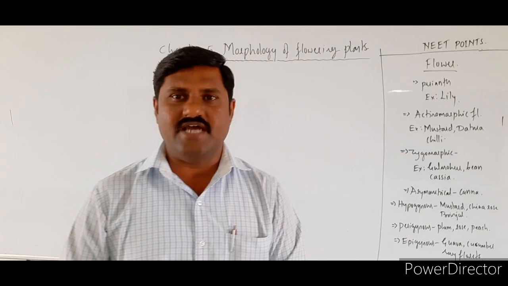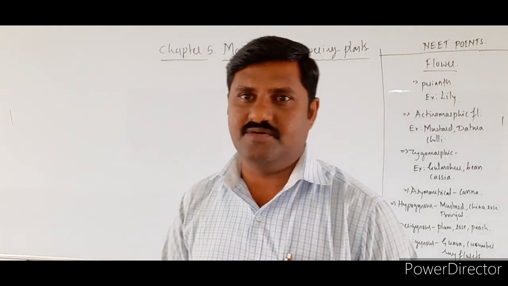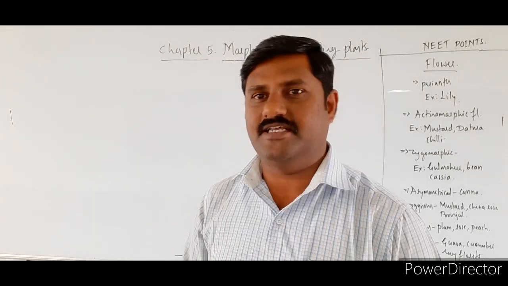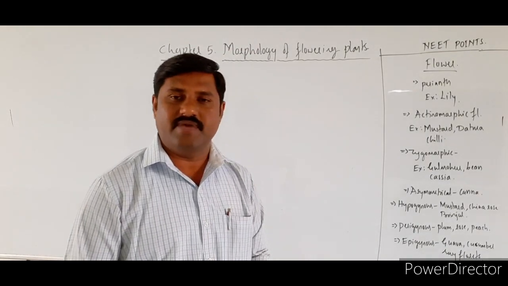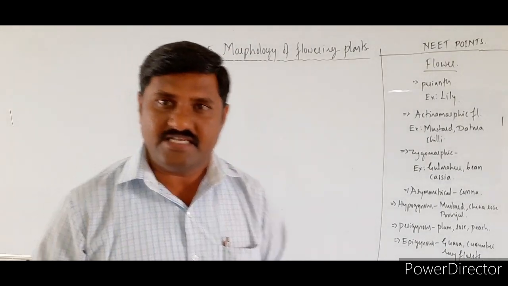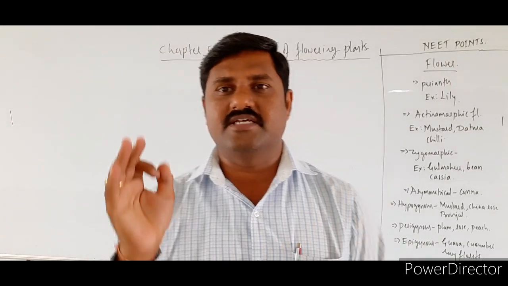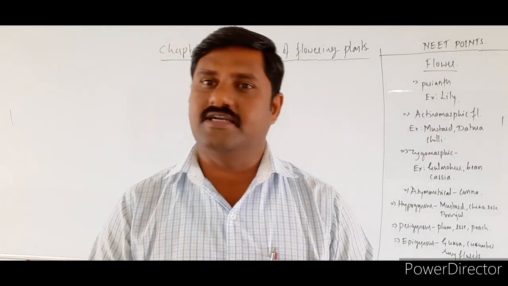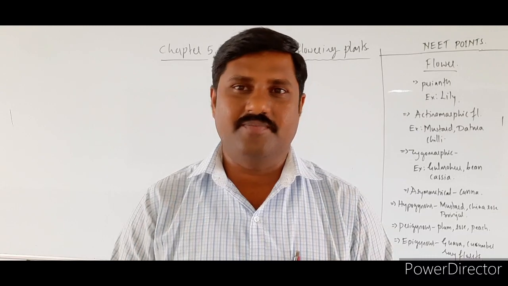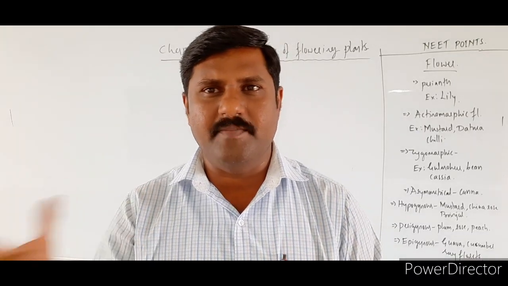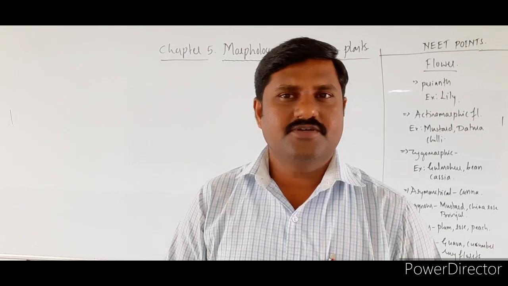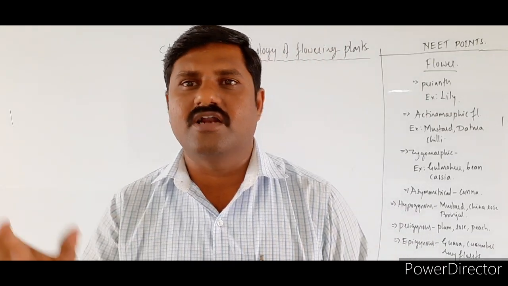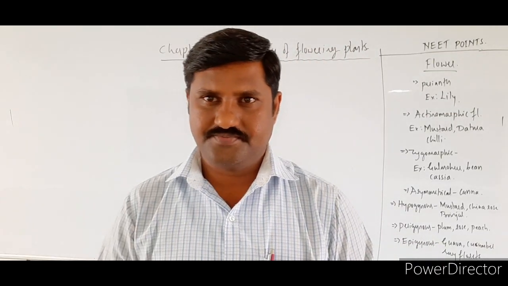Let us start with the next technical terms that we use for describing the flower. Trimerous flowers, tetramerous flowers as well as pentamerous flowers are the different flowers that we come across. What do you mean by trimerous? Tri means three, and merous stands for petals here.